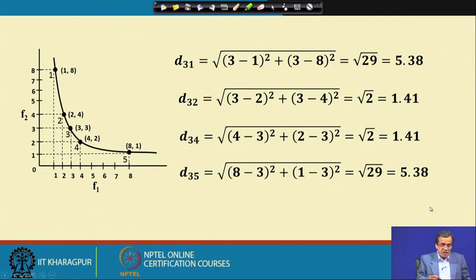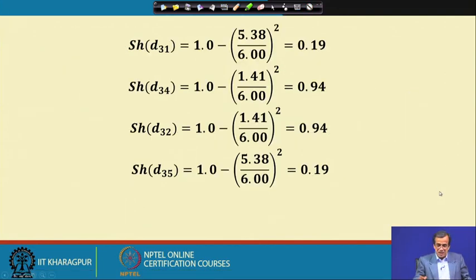Similarly, I can find out the niche count for this particular point 3. I can find out all the distance values, like d 3 1 is 5.38, d 3 2 is 1.41, d 3 4 is 1.41, d 3 5 is 5.38, and very easily I can find out the niche count value.